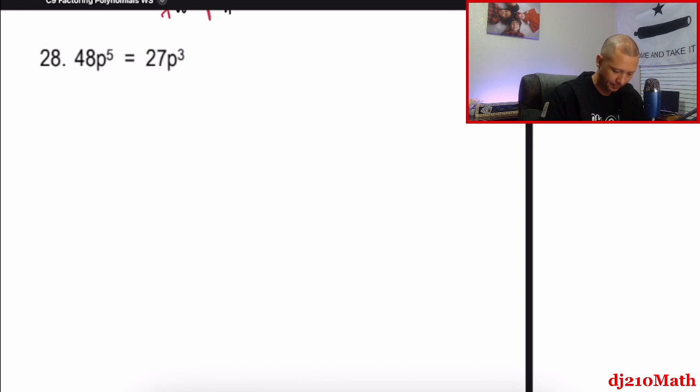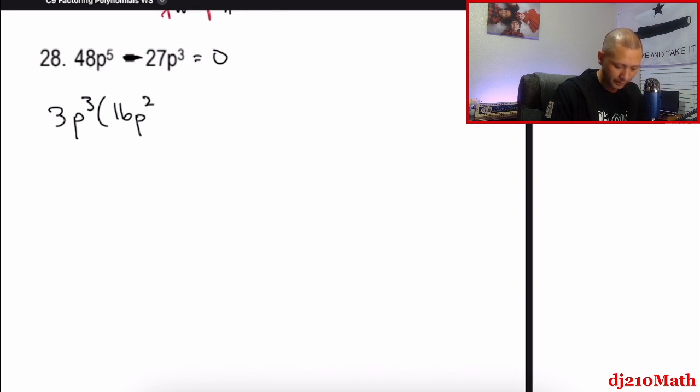Okay. Number 28. I'm going to subtract 27p cubed from both sides. It's going to equal 0. So I'm going to take out a 3 p cubed. So this is going to be 16 p squared minus 9 is equal to 0.